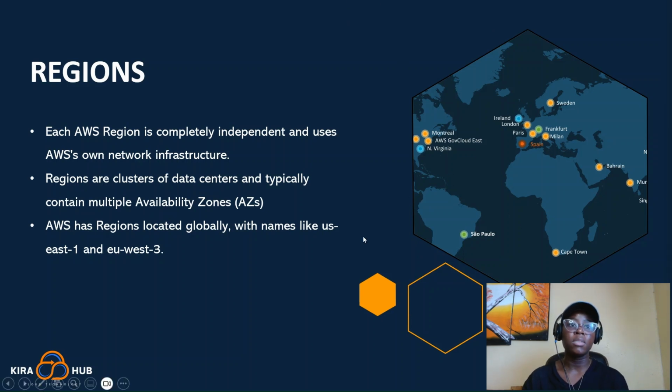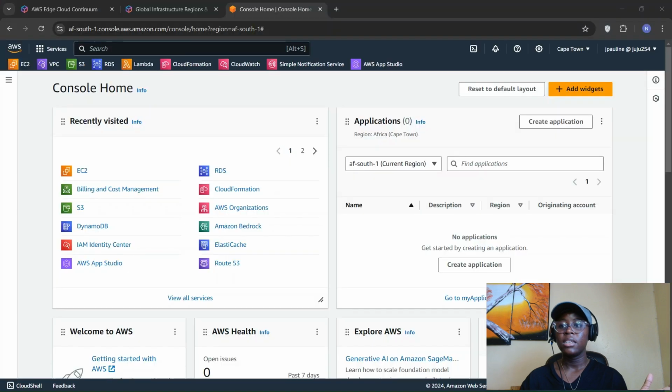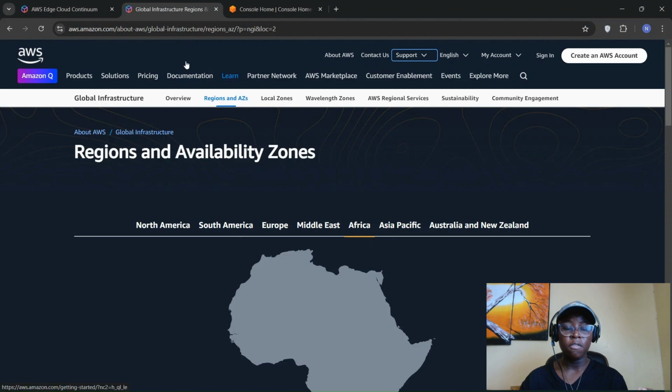Remember, as I mentioned, we launch services in specific regions. So most services are scoped to a specific region, and this ensures that resources stay within the chosen geographical area. So let's take a tour into the global infrastructure and what it consists of.